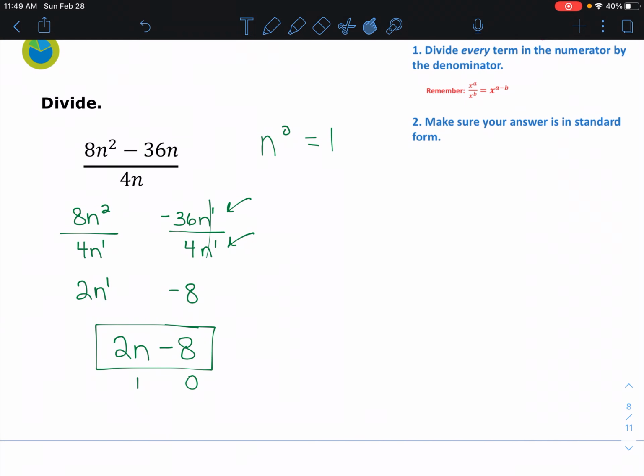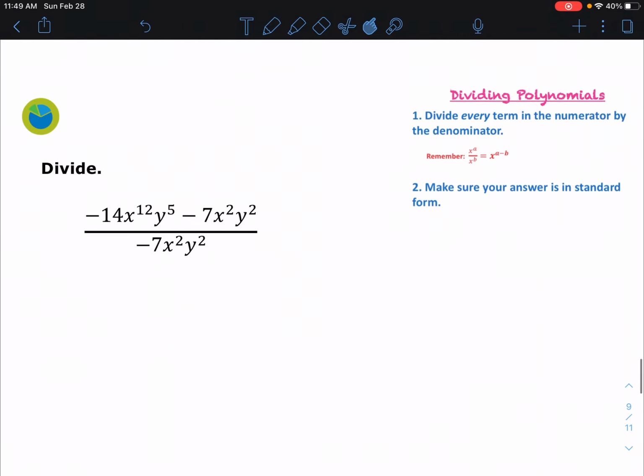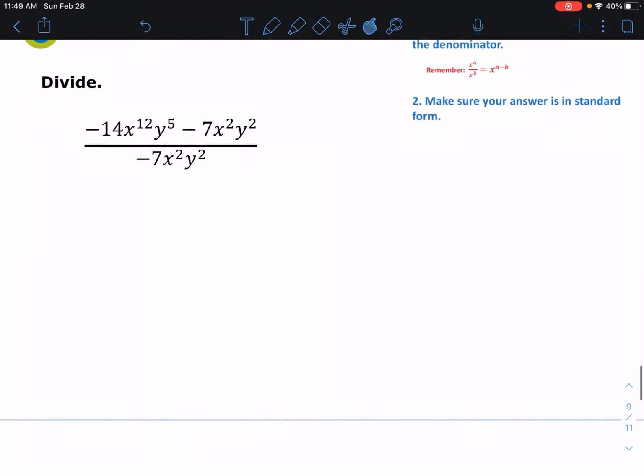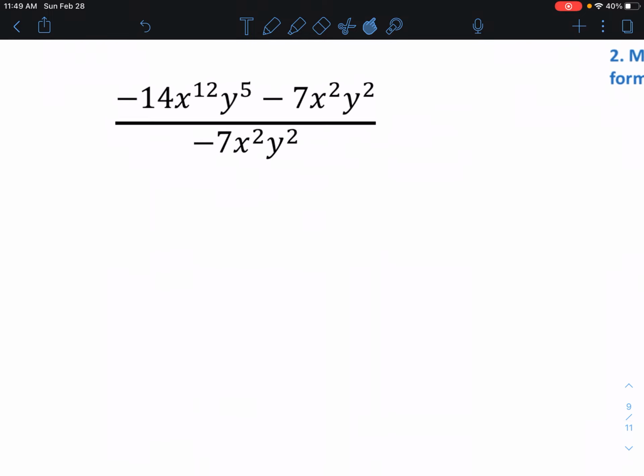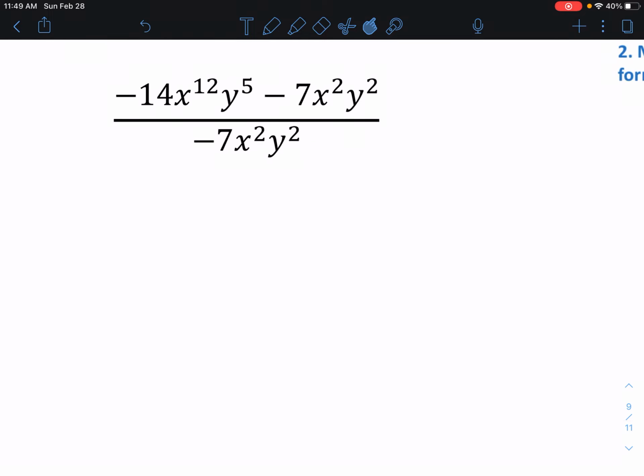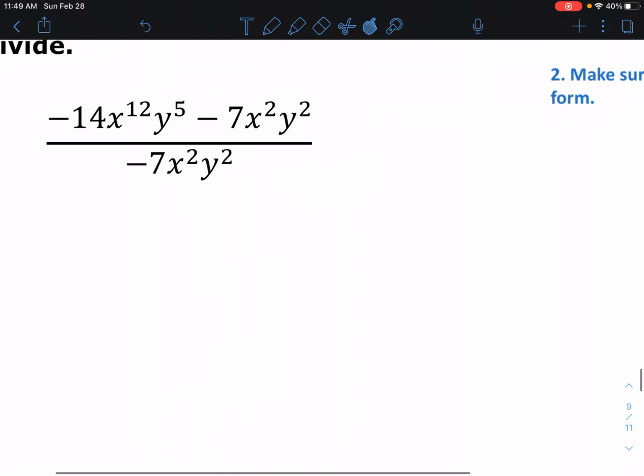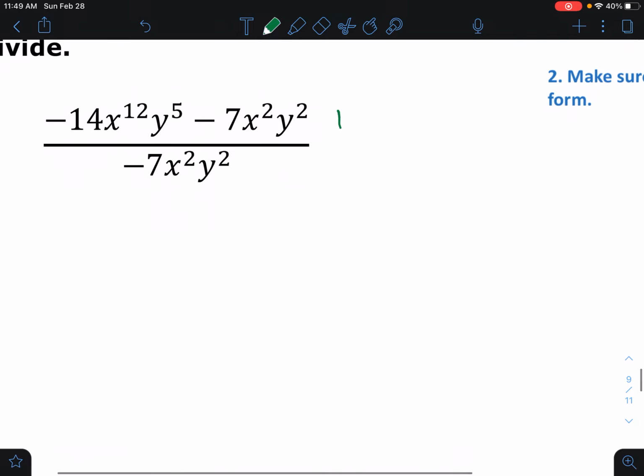All right, let's try one that's a little bit trickier. So if you have 2 terms, like all these have 2 terms, maybe you might have another term sometime where you've got another something here. That's okay.